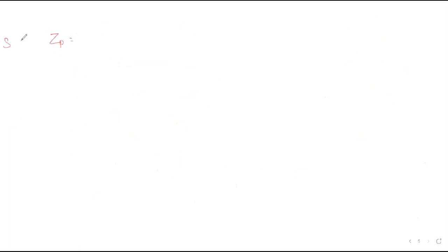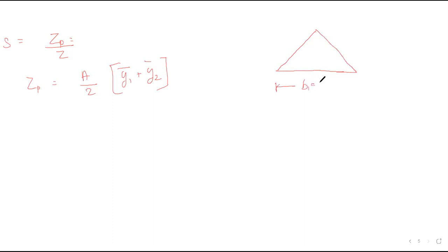That is, shape factor S is equal to ZP by ZA, whereas ZP is equal to total area divided by 2 into Y1 bar plus Y2 bar. Okay. So here Y1, so this is B1, that is 0.707 times B. Similarly, D1, that is 0.707 times D as per the earlier derivation. Okay, now this is Y1 bar.